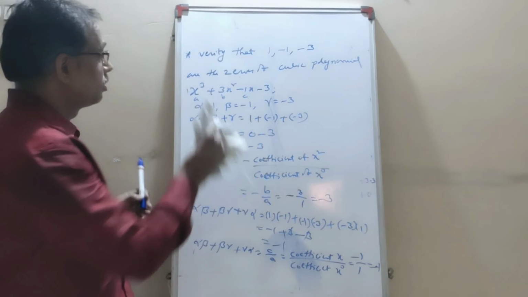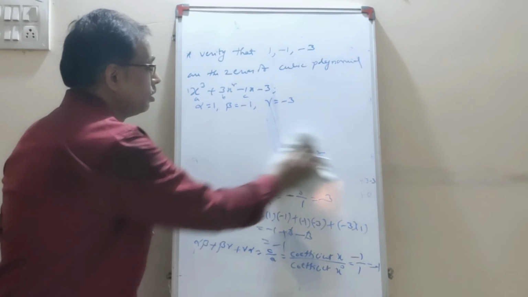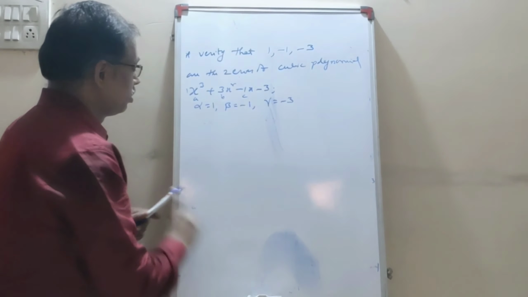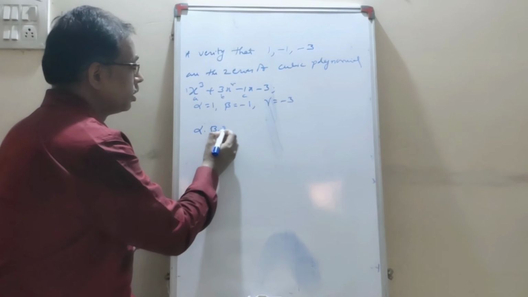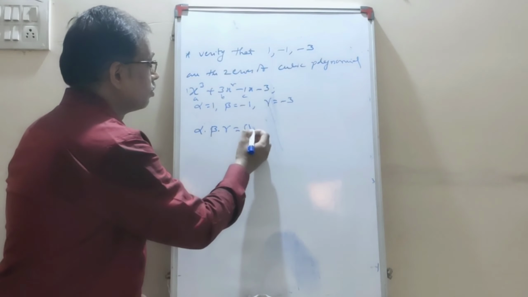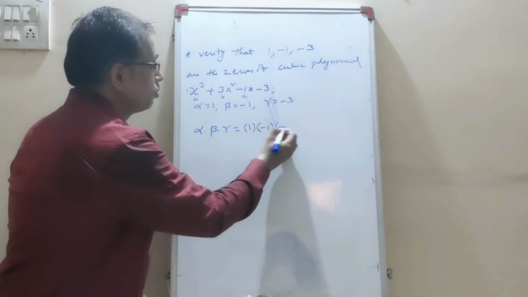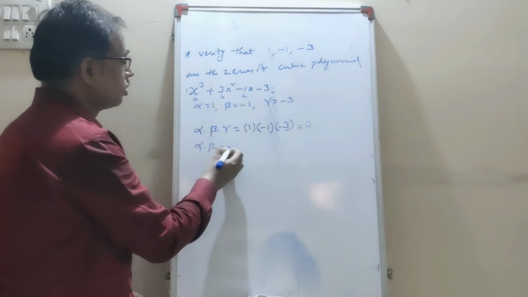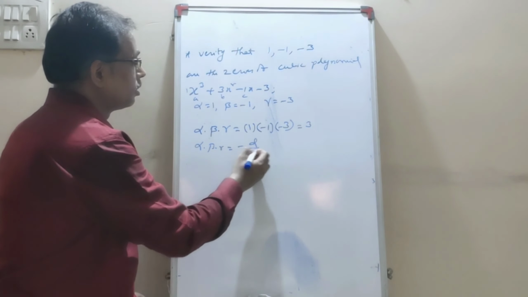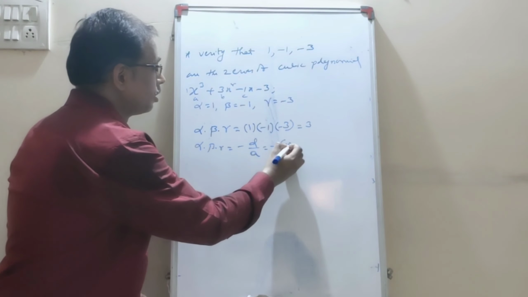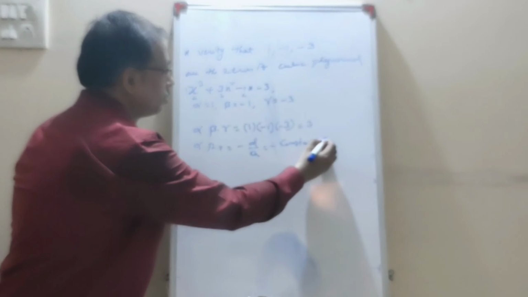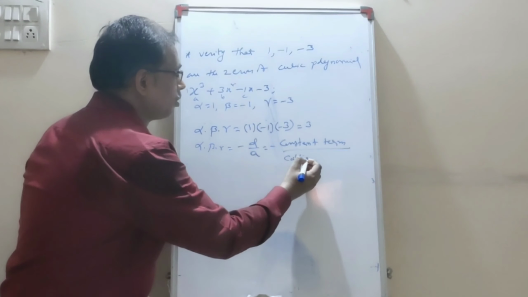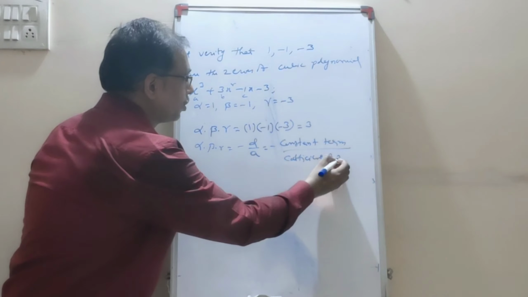The last is alpha into beta into gamma. That is 1 into minus 1 into minus 3, simply 3. Now the formula for alpha into beta into gamma is minus d by a, that is minus the constant term by the coefficient of x cube.